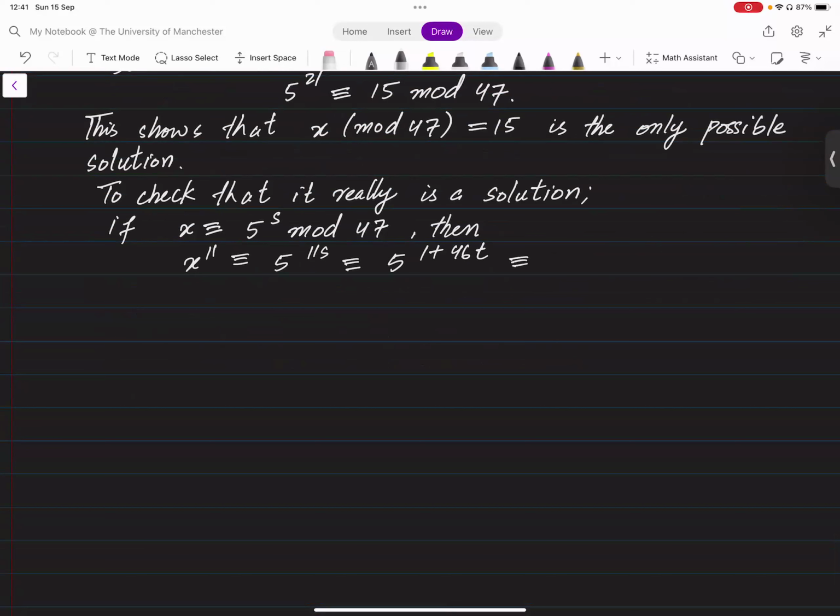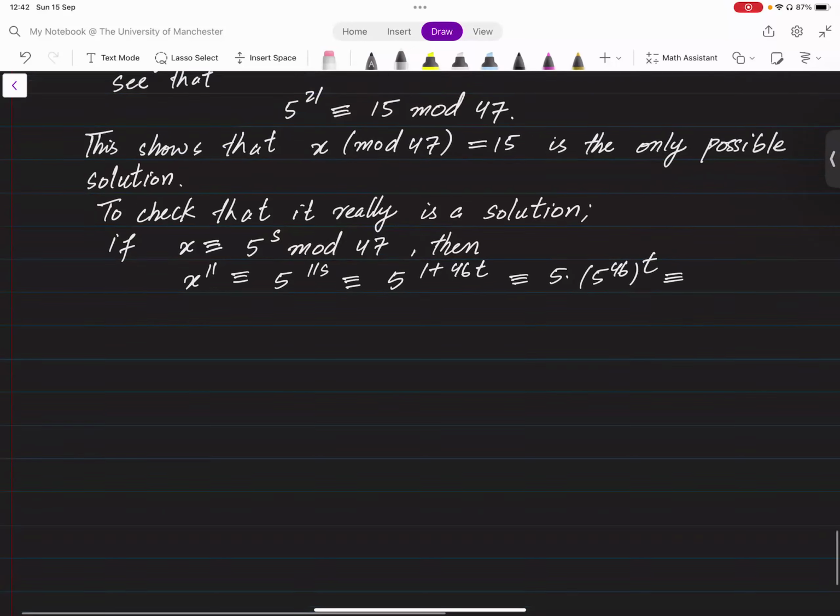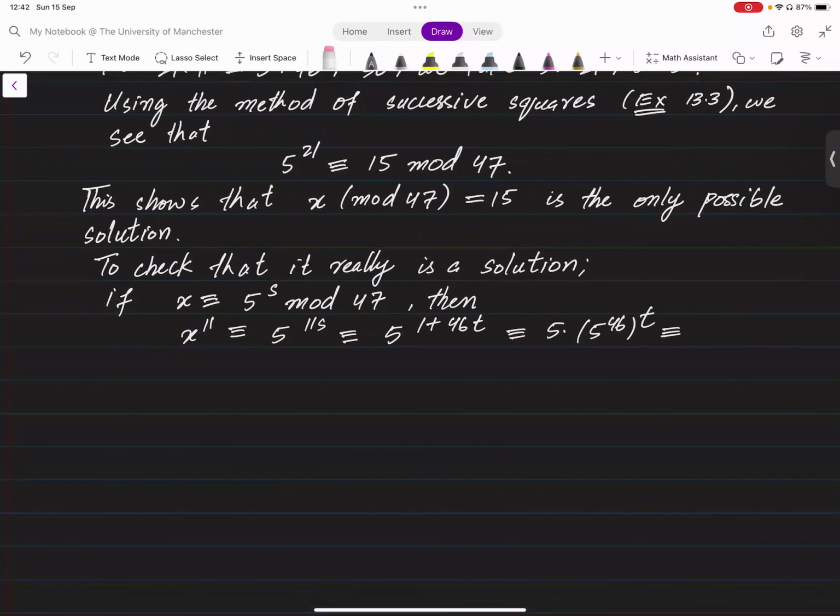That is congruent to 5·(5^46)^t, and now we know that 5^46 is congruent to 1 mod 47.